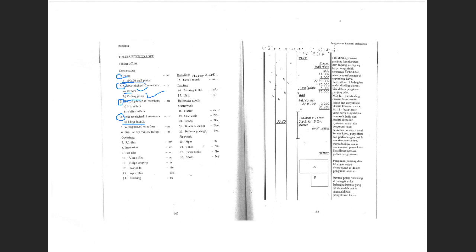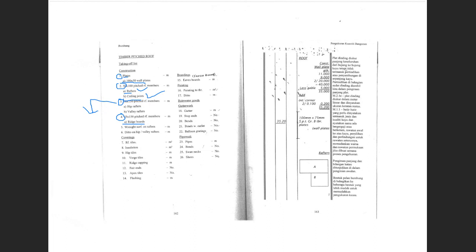Item number 3, just take note. In case you have gone through all this calculation but didn't see any information about hip rafter and valley rafter, this author actually put in an assumption but didn't mention it: that the hip and valley rafters have bigger sizes compared to the common rafters. Jack rafter and common rafter are under rafters.